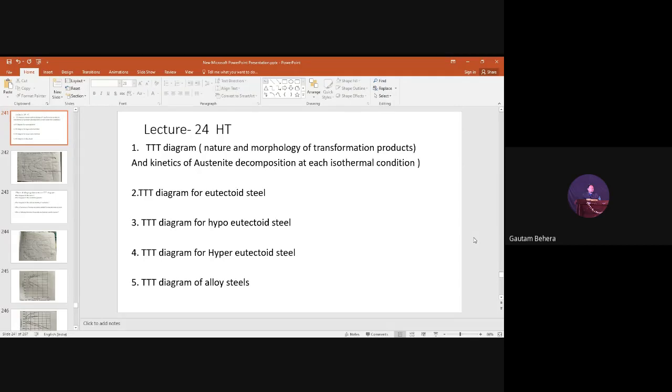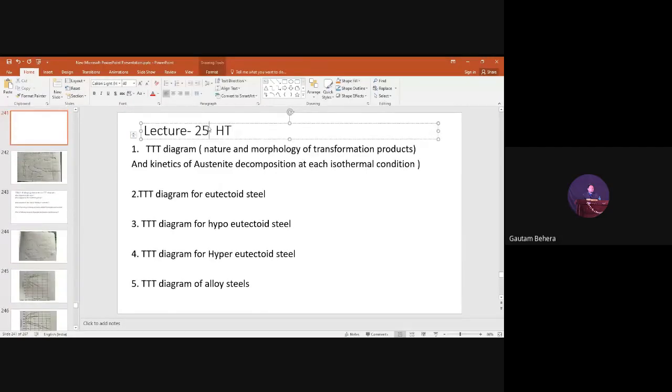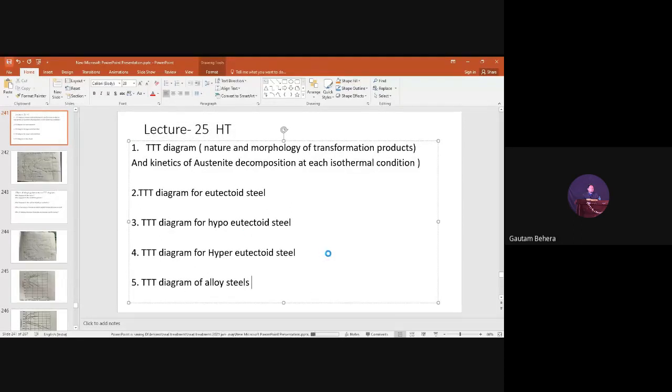We briefly discussed a lot of things, and at the end of the lecture we saw a diagram, a plot or graph, where we have the percentage of austenite decomposition or percentage of austenite transformation on the y-axis, and on the x-axis the time, right?